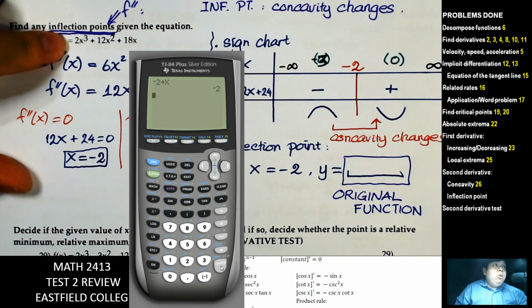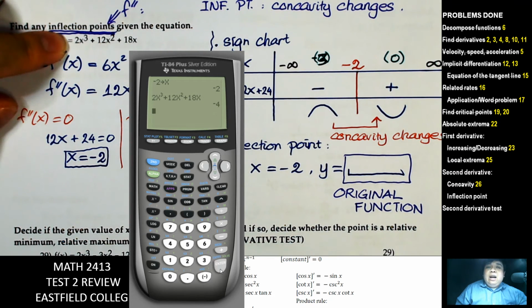I just need to evaluate the function: x cubed plus 12x squared plus 18x, and I have -4.